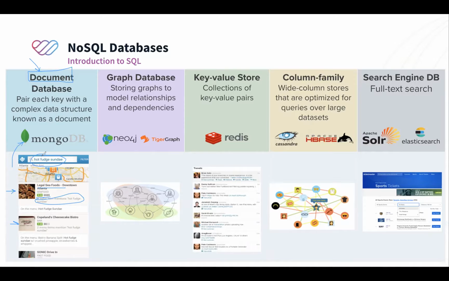So if you would like to search for hot fudge sundae, and we happen to have 1 million restaurants in an Excel spreadsheet, which I think is the maximum number of rows we can have, it literally means that it needs to go through 1 million rows and compare, or search the hot fudge sundae 1 million times before it can return you the best results. So that's definitely going to be very slow, right?